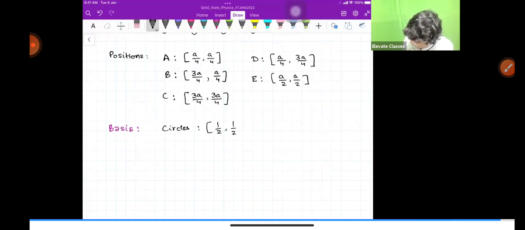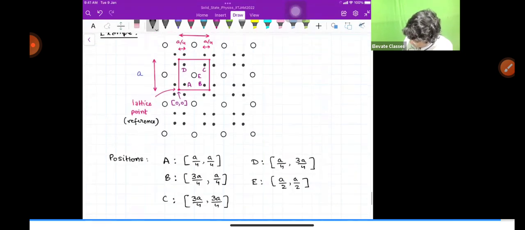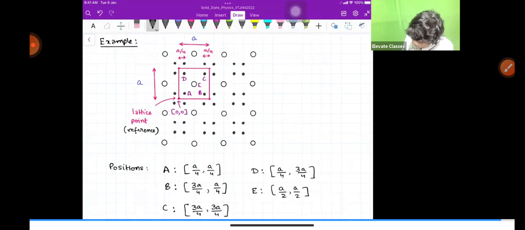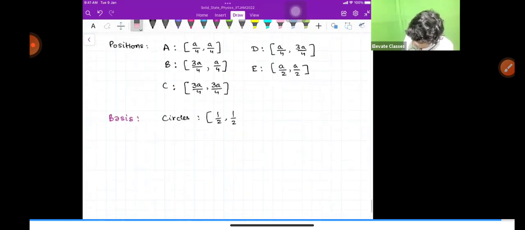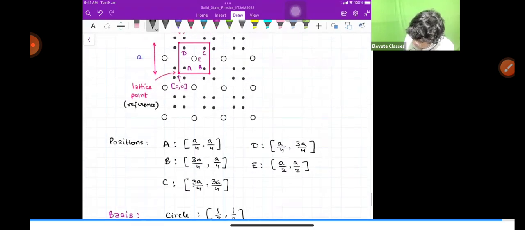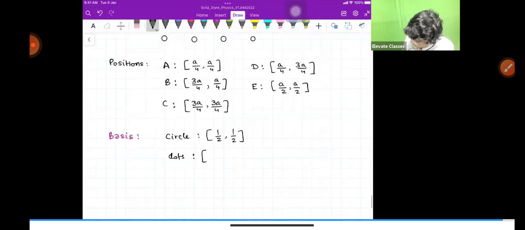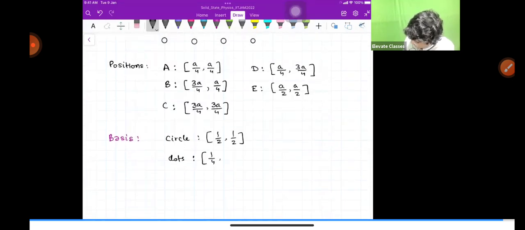A by 2 and A by 2. This circle E, सर्कल एक ही है इसमें, ठीक है? तो यहाँ पे हम बिग सर्कल लिख लेते हैं. तो 1 by 2, 1 by 2 हो गया है ना? 0, 0 ये था, रेफरेंस था, लेटिस पॉइंट. और देन वी हैव द डॉट्स. डॉट्स कहाँ है? सारे डॉट्स को काउंट कर लो. सो 1 by 4, 1 by 4 पे है.